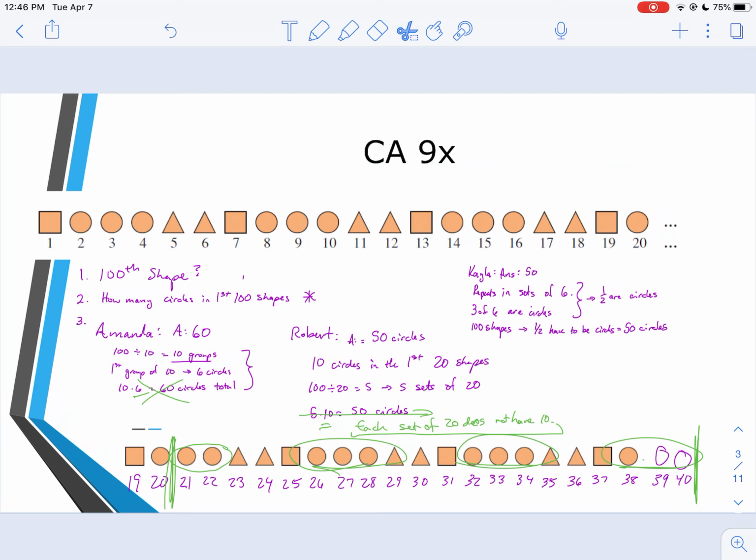Let's take a look. So here's a set of 6. Here's the next set of 6, the next set of 6 here, and so on. And each time, half of those are circles.